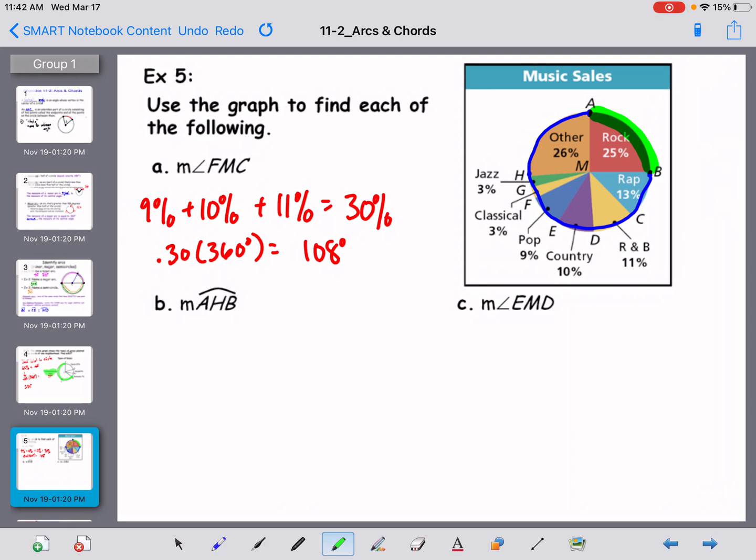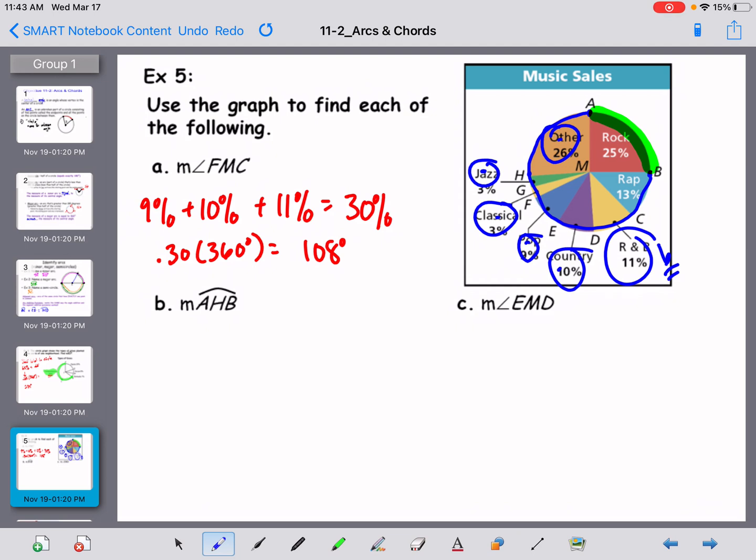So AHB is other music plus jazz, classical, pop, country, rhythm and blues, all right? 1, 2, 3, 4, 5, 6. It's 6 of those things added together. Now, the only part that wasn't added was the rock part, and that was 25%.